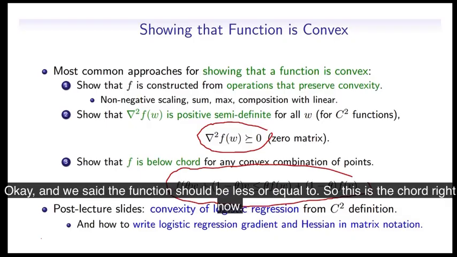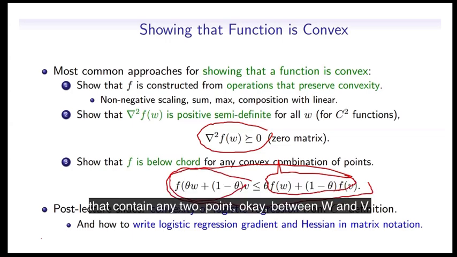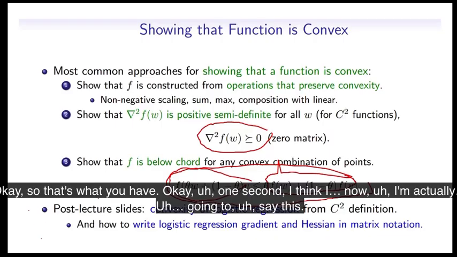And we said the function should be less or equal to that. So this is the chord right now. What you're seeing here is a chord, and of course that is the function that contains any two points between W and V.